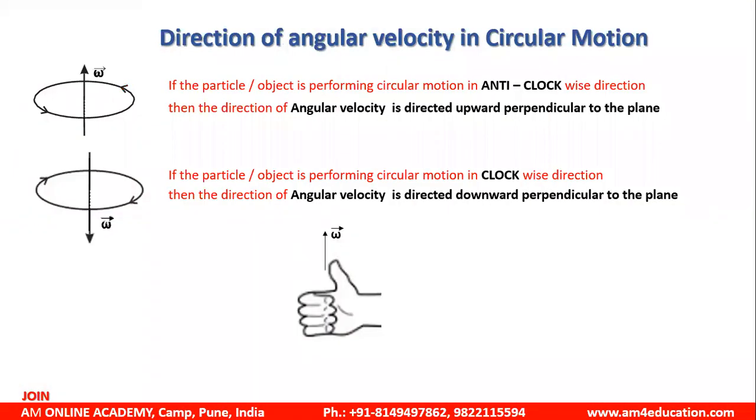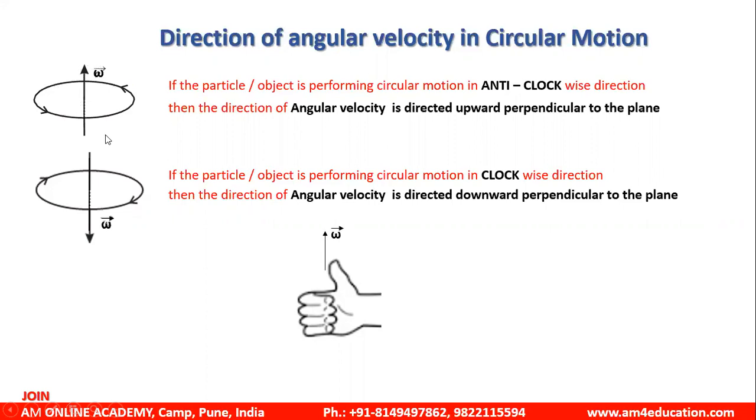Now, as discussed, let us see what is the direction of angular velocity in circular motion. If the particle is performing circular motion in anti-clockwise sense about this center, then the direction of angular velocity is perpendicular to the plane and directed upward.